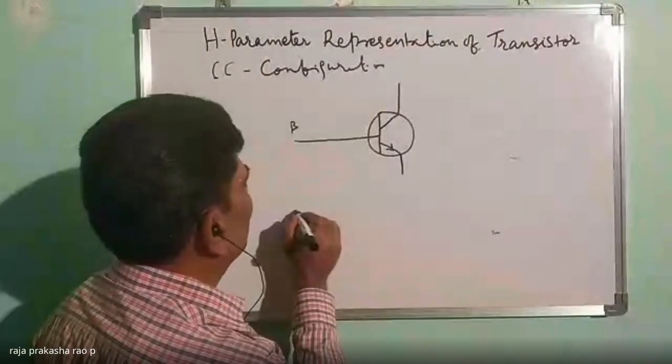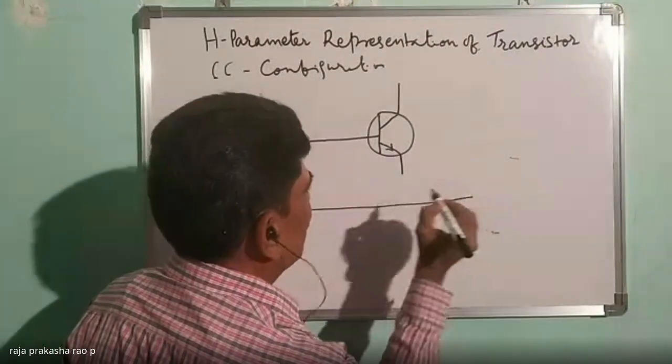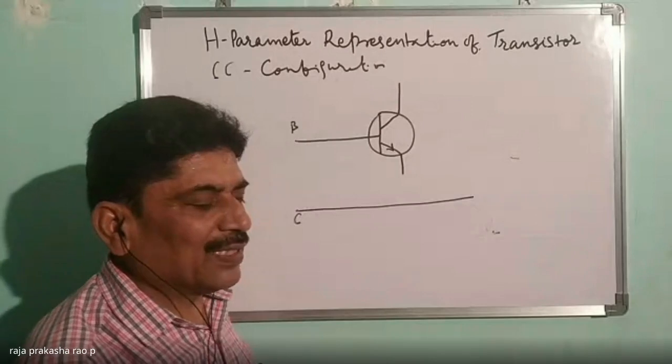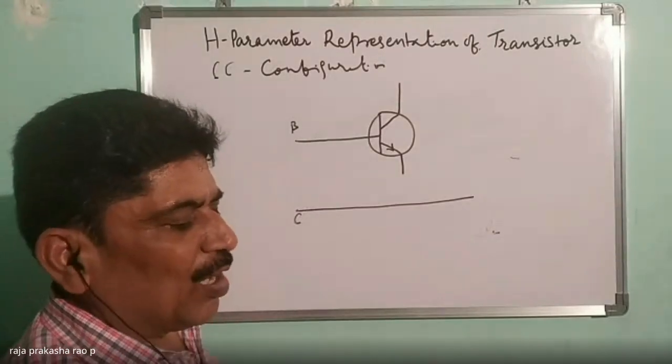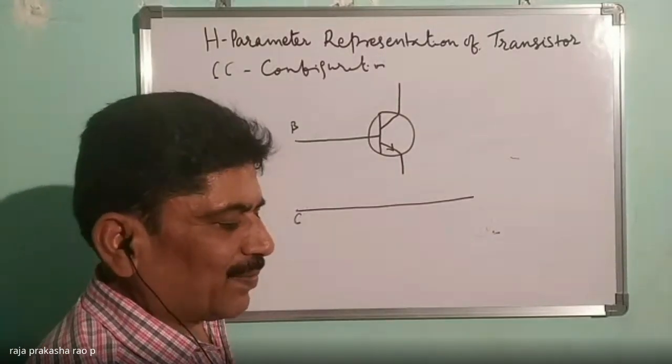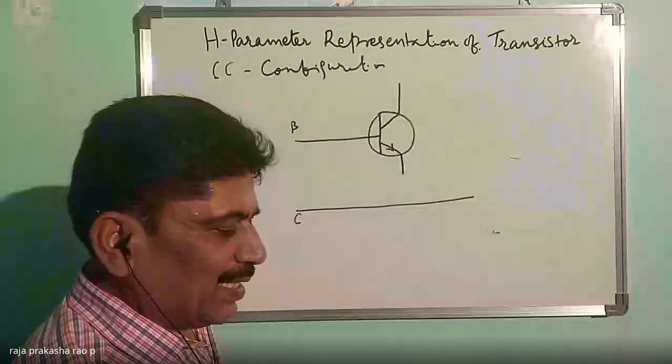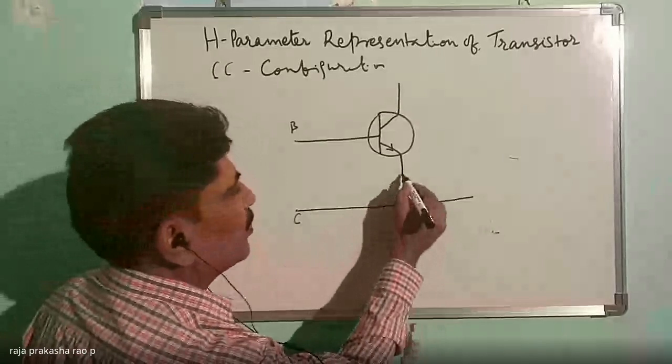In the common collector, you draw a line like this. And output is taken from what? Just now I told you, if it is common emitter, output is taken from the collector. If it is common collector, output is taken from the emitter. So output is taken from the emitter.